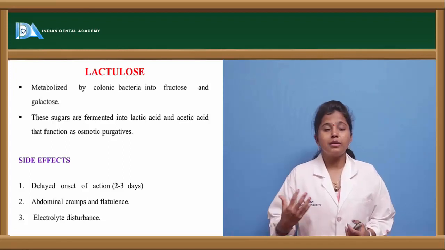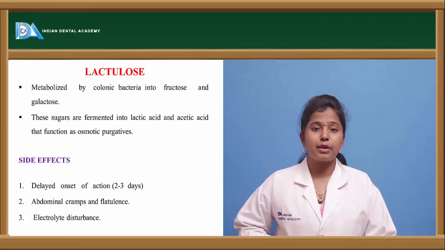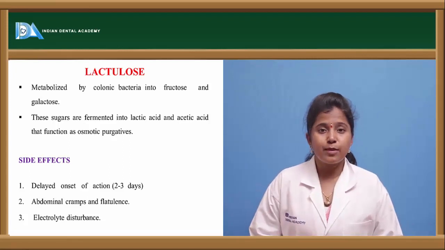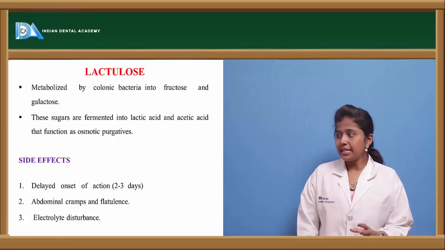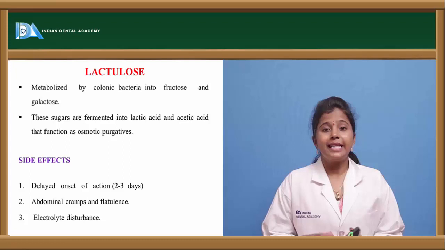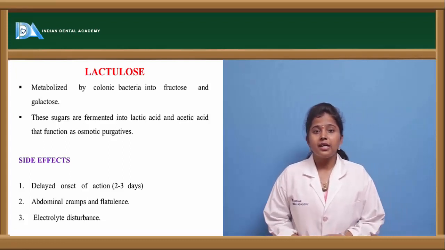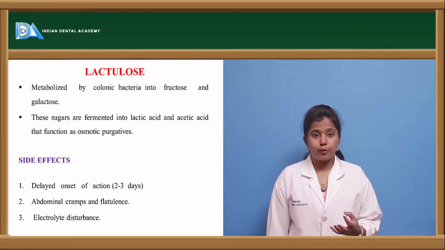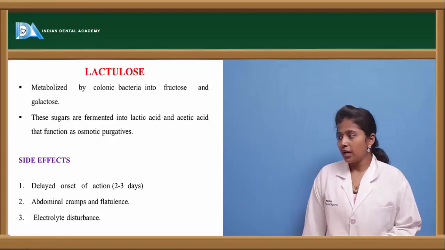These bacteria form lactic acid and acetic acid during this metabolism, which aid in the fermentation of the sugars. When these sugars are fermented, the osmotic purgative action can take place.